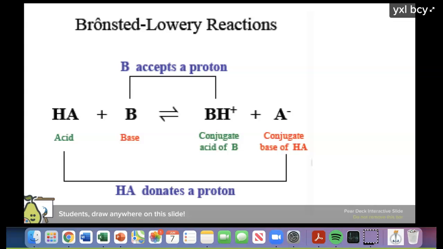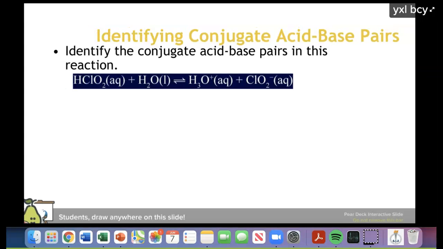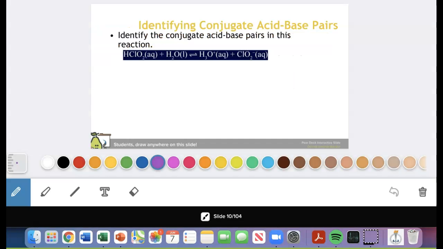So let's work with real substances, okay? When you're trying to identify the conjugate acid-base pairs, you want to look at the reactant side of the reaction arrow, and then you want to look at the product side of the reaction arrow, and you want to see who kind of looks alike. So what I mean by that is, look at this.